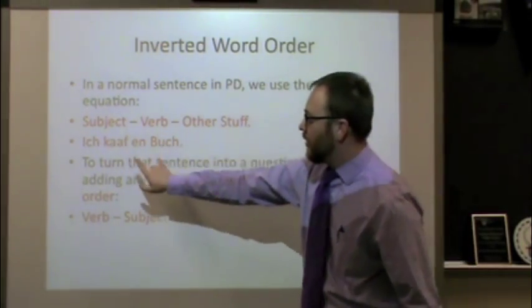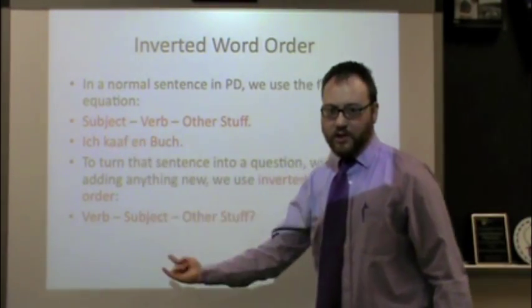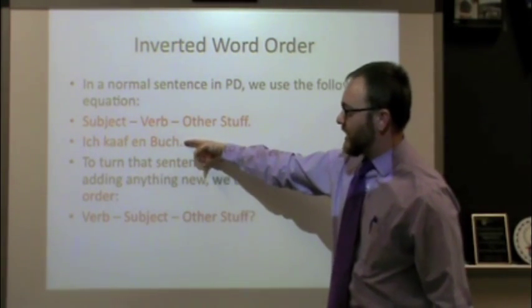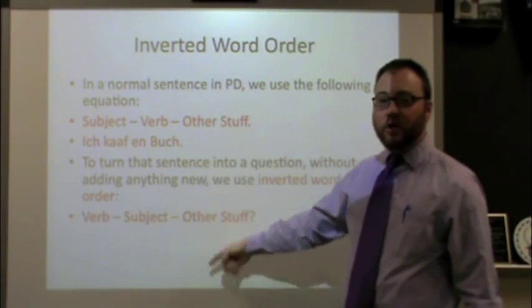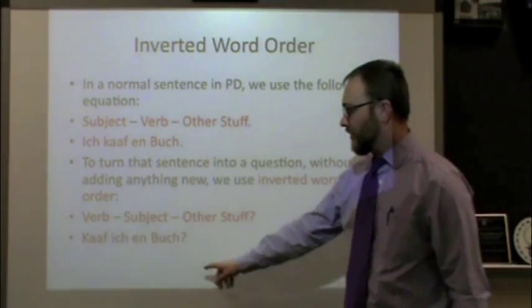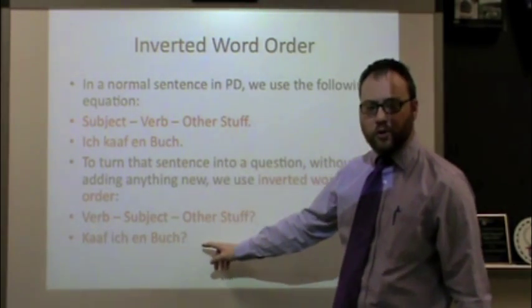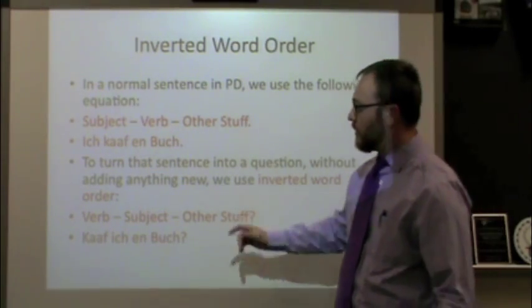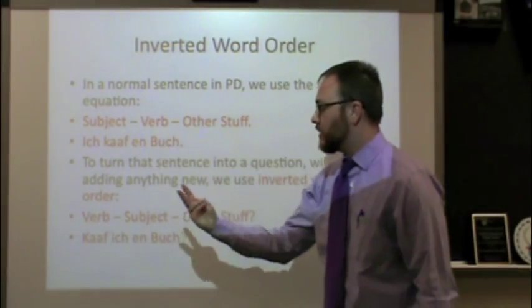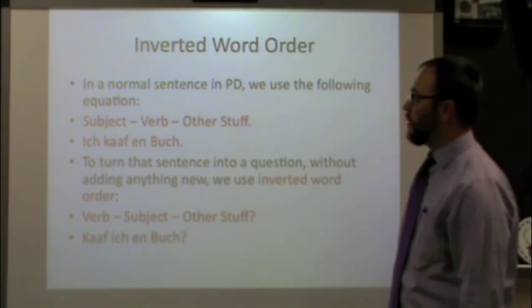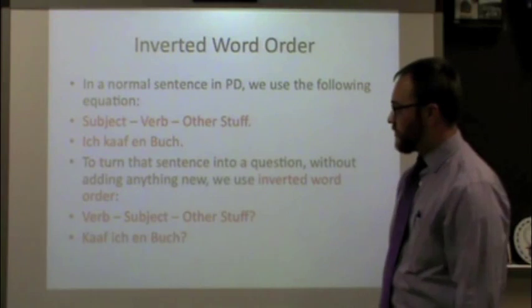If we take that exact same sentence, ich kauf ein Buch, and turn it into a question, we're left with kauf ich ein Buch? Am I buying a book? Simple, simple, simple. Just flip the subject and the verb. So that is how we do the inverted word order to create a question in Pennsylvania Dutch.